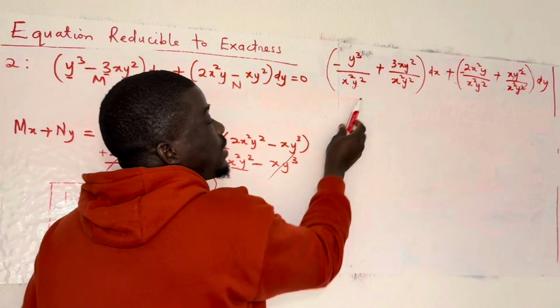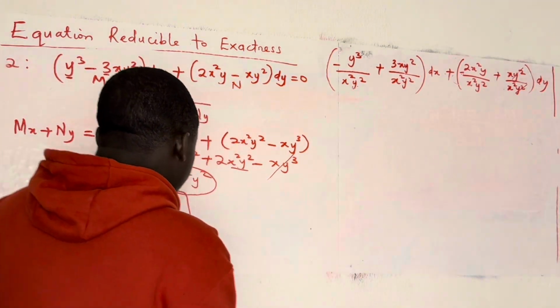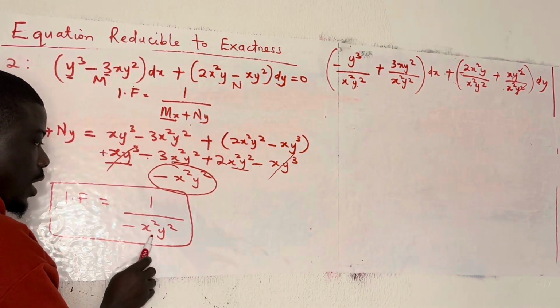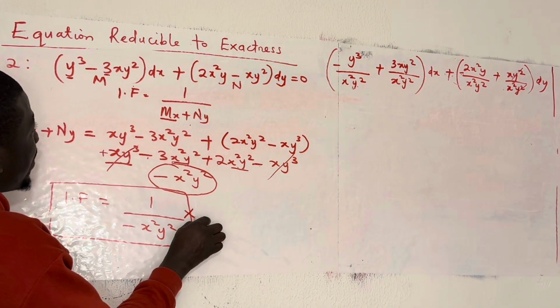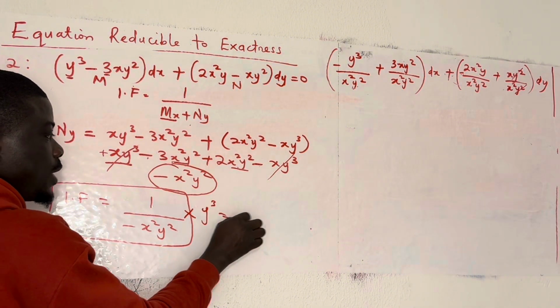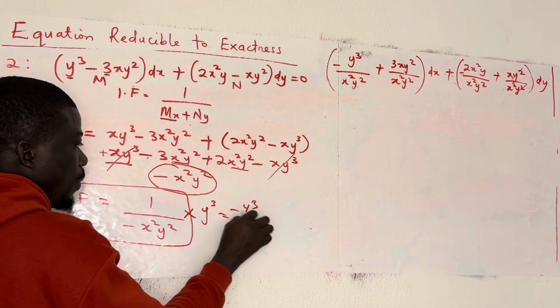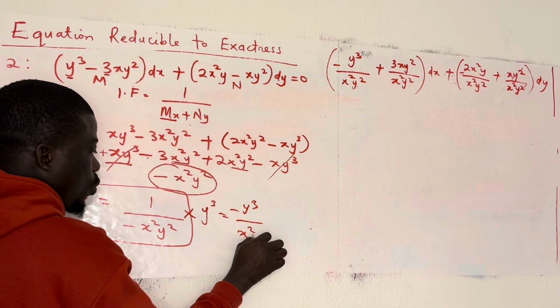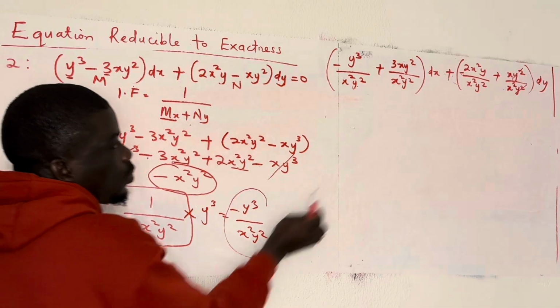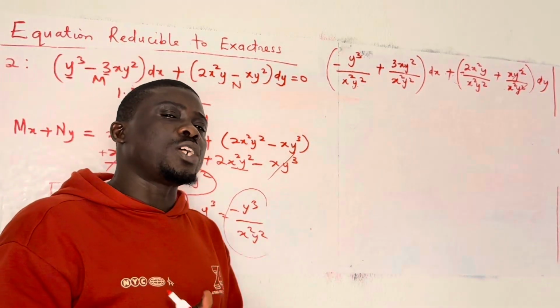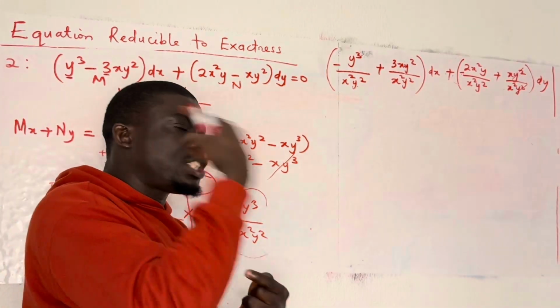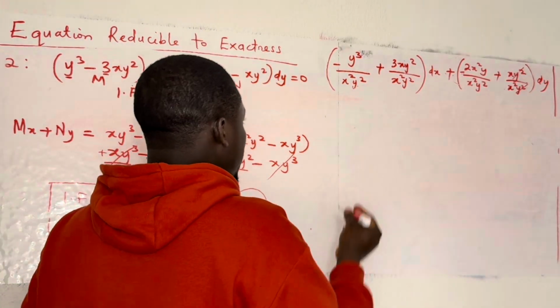Now, it is in the form of division because our integrating factor is 1 all over minus x squared y squared. If you multiply it by y cubed, at the end of the day, it will be y cubed divided by x squared y squared. So that is why it is coming in the form of division. Don't forget, your integrating factor will be used to multiply each term in the differential equation.